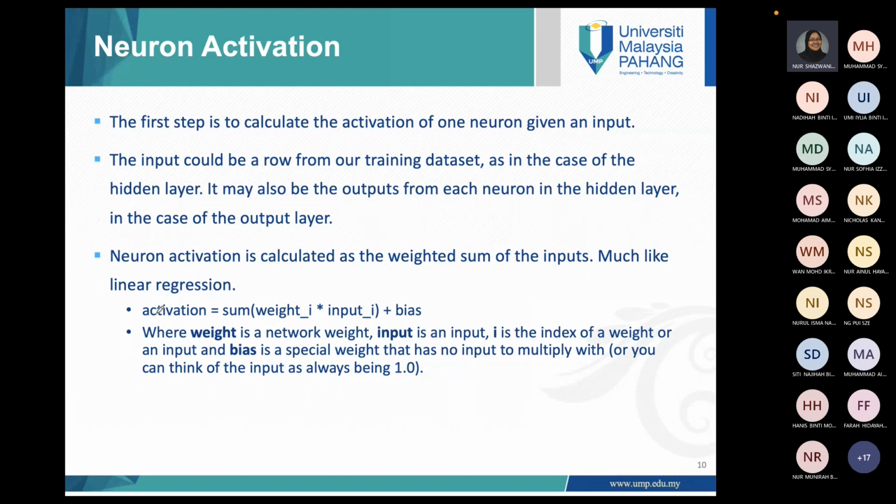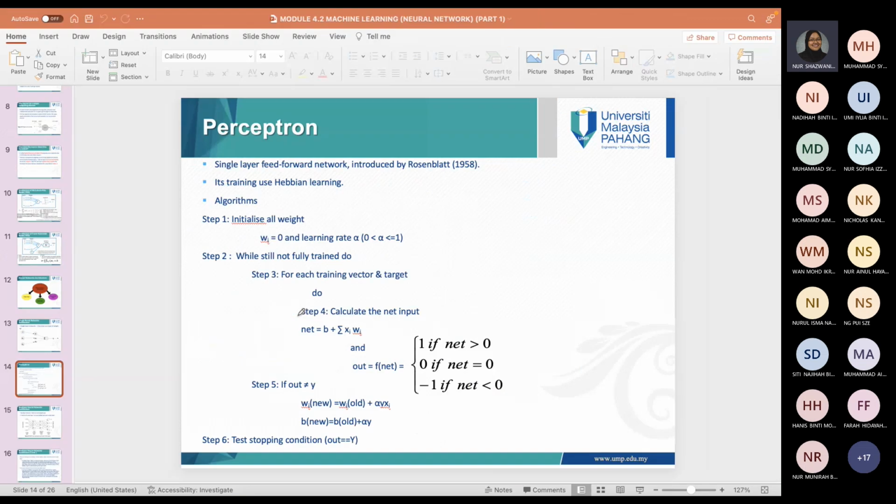The neuron activation formula is similar to what we did in the perceptron training. If you already watched the video that I uploaded last week, we already went through the perceptron slide, where we learned how to calculate the net.